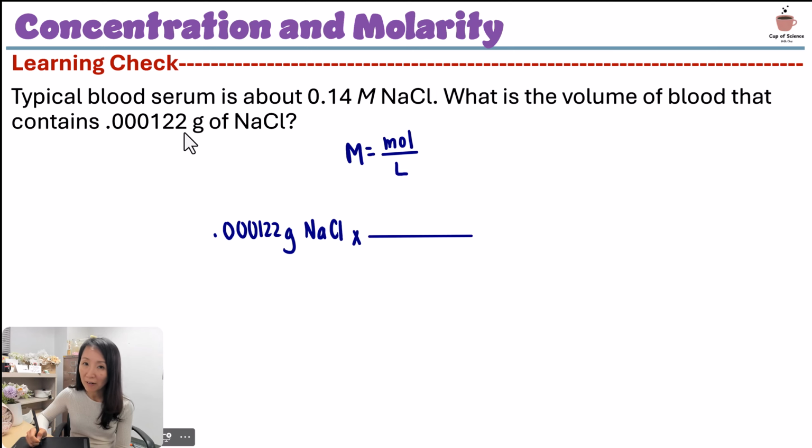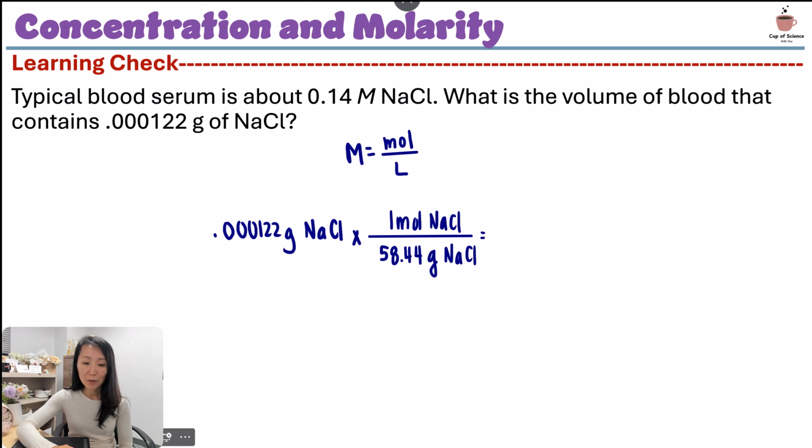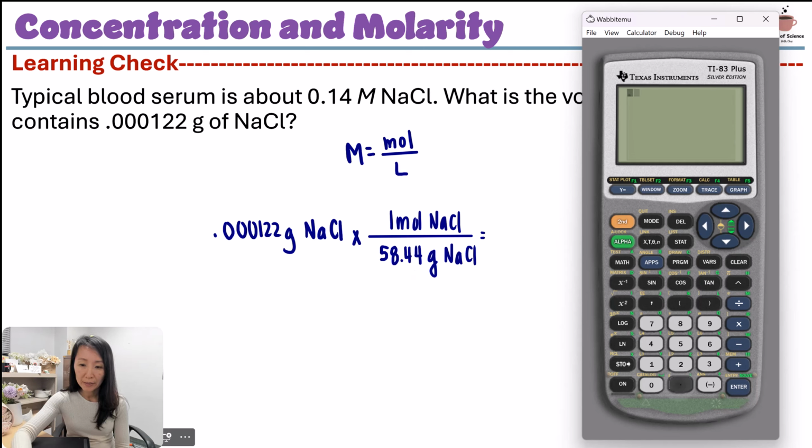So come back, find out the molar mass, and check this video. So that's the molar mass. And we can multiply this by 1 and then divide it by the 58.44. So let's do that. We have 0.000122 multiplied by 1. Okay, that's the 1 mole. And then divided by the 58.44.